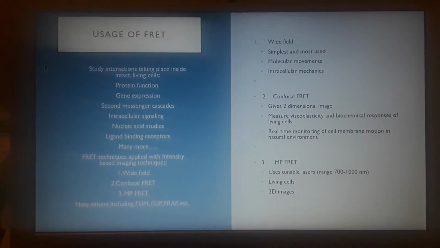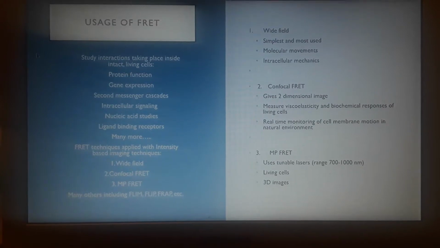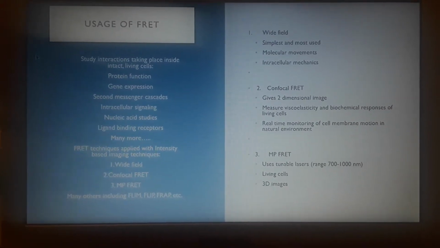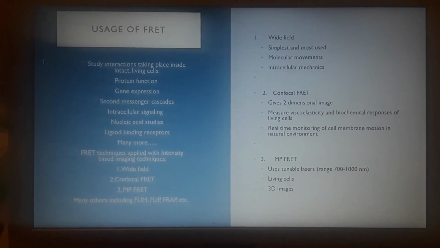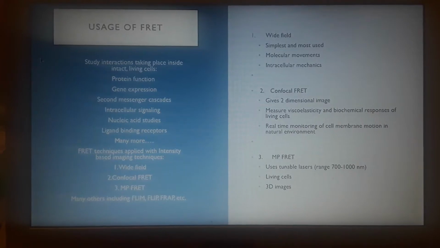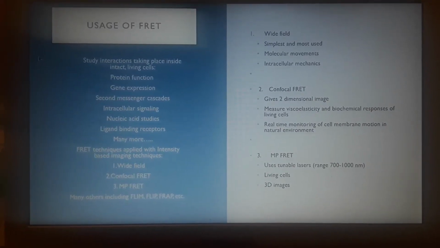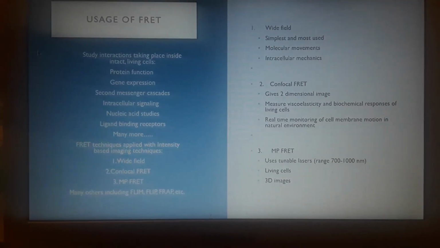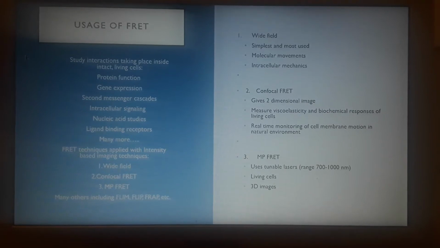With its advantages of having controllable depths of field and the ability to collect serial optical sections from thick specimens, confocal FRET generates a two-dimensional image of a plane of focus. Multiphoton excitation microscopy is an alternative to confocal microscopy that can be applied to living cells.